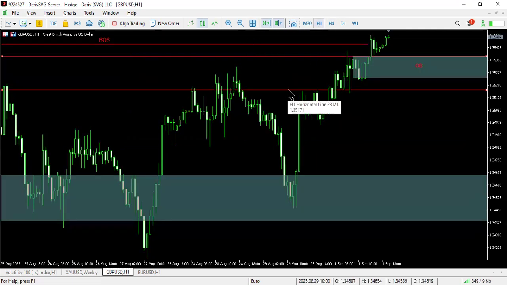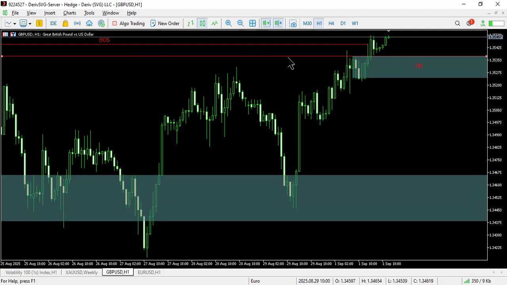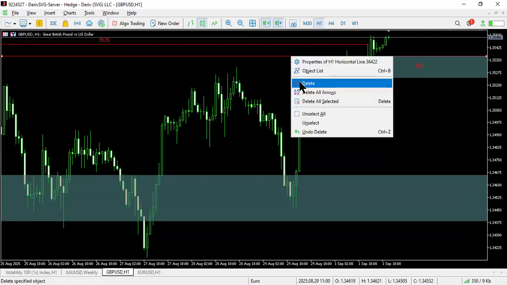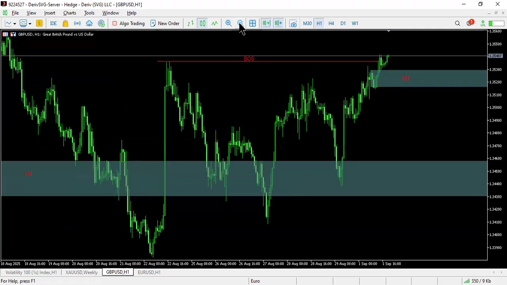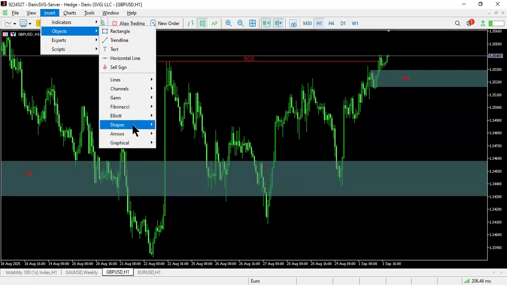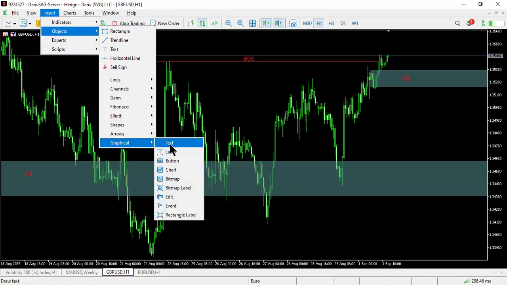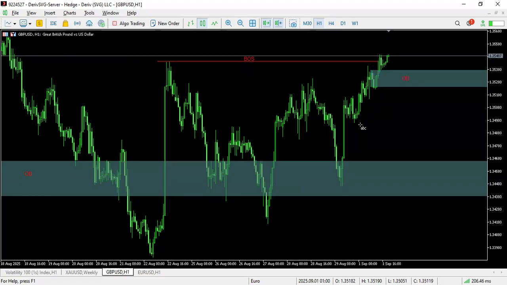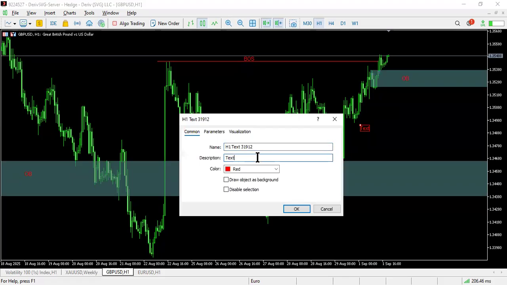So let me write out the coordinates. We are having a buy limit with coordinates.